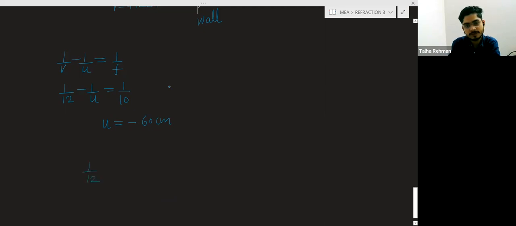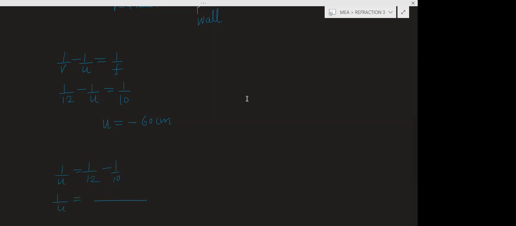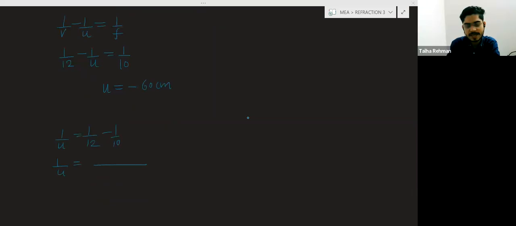It will become 1 by 12 minus 1 by 10 is equal to 1 by u. The LCM will be 60, so it becomes minus 1 by 60. So you will get minus 60 centimeter.